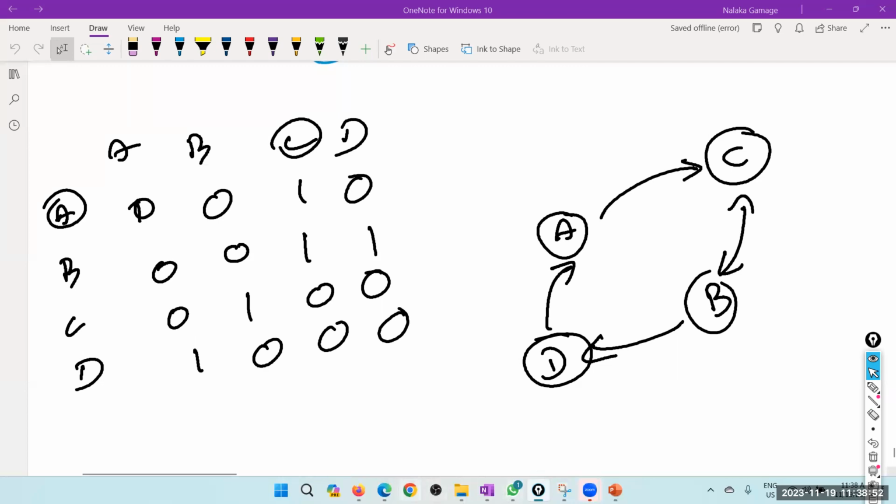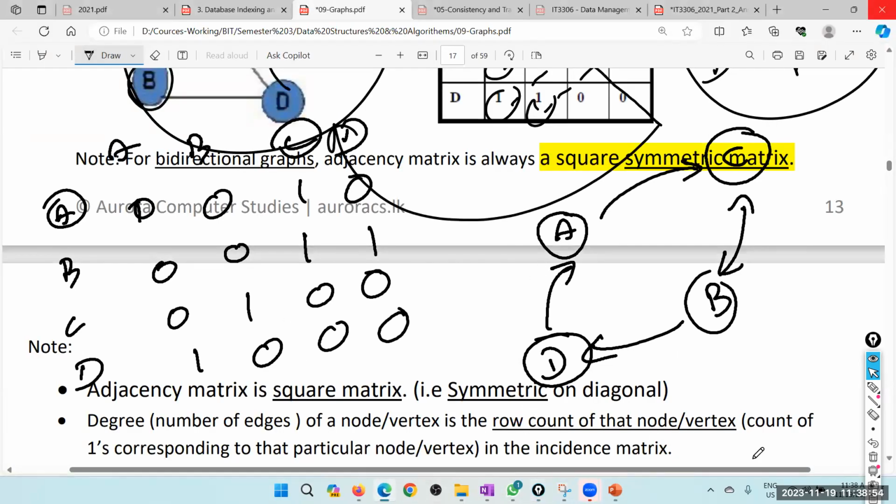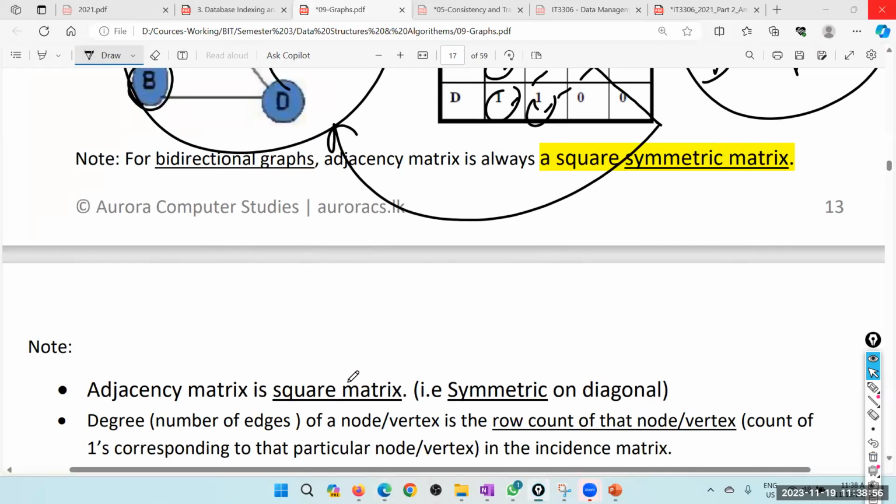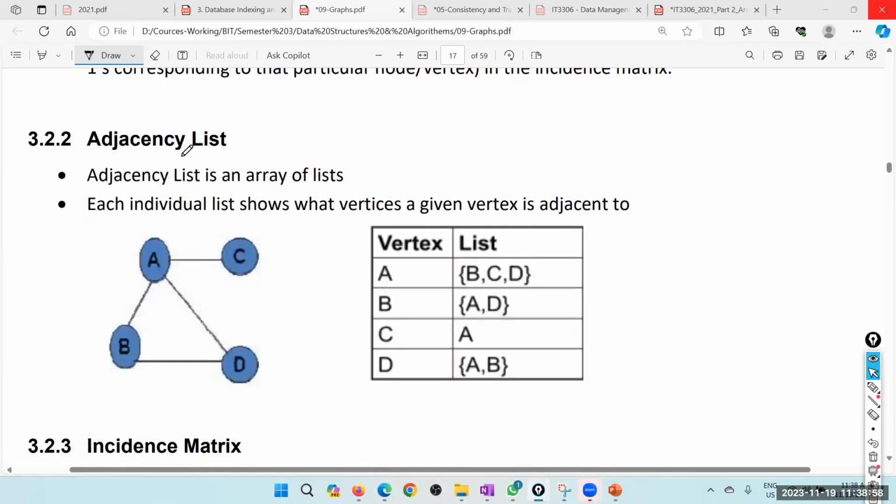It's super simple. Okay. So the next approach is the use of an adjacency list. And it is even easier. So you take the vertex and, as a list, you write down the connected vertices.